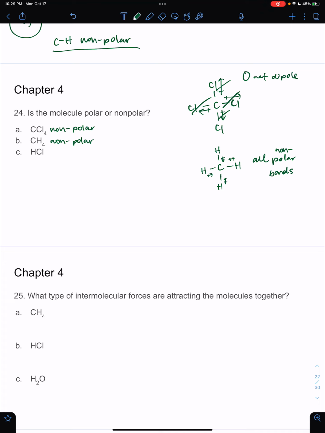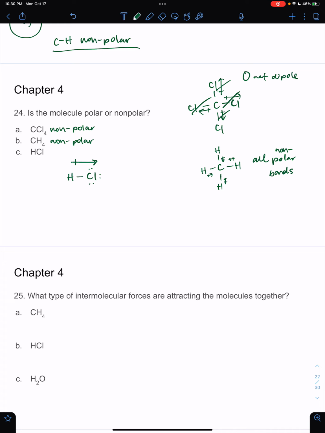And then the HCl looks like this. So the dipole is going from the hydrogen to the chlorine. And in this molecule, there's nothing to balance that dipole. There's nothing on the other side that's going to balance it out.